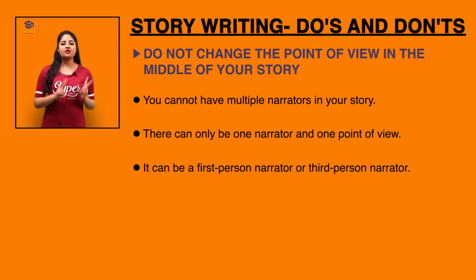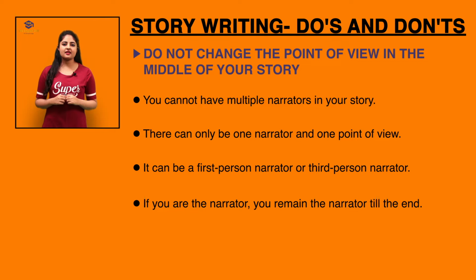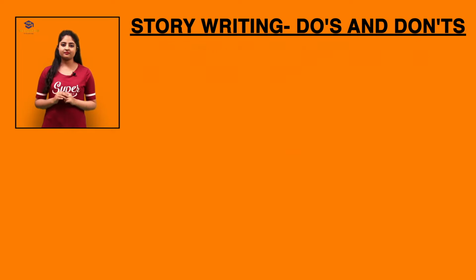So, do not shift narrators or introduce other points of view in your story. If you are the narrator of your story, you should remain the narrator from the beginning to the end. Your friend or any other character in the story cannot suddenly barge in and assume the role of the narrator. That would be very, very wrong.